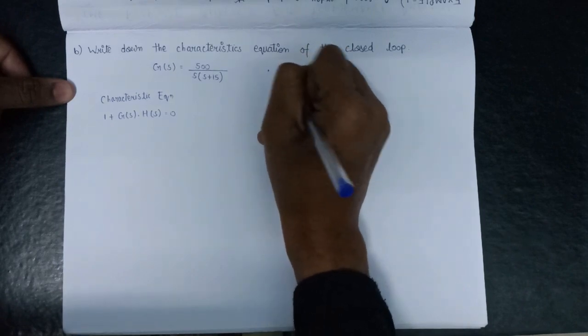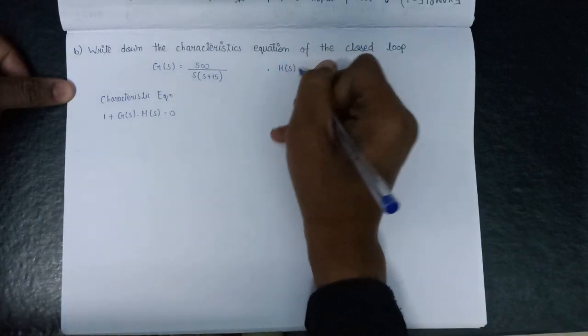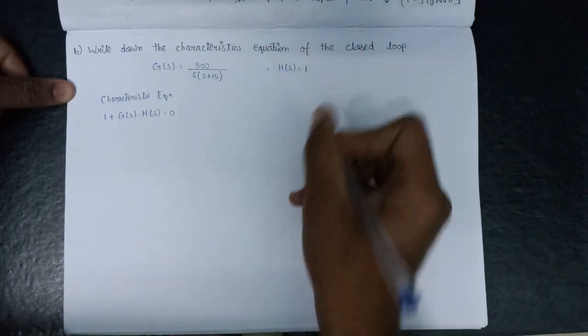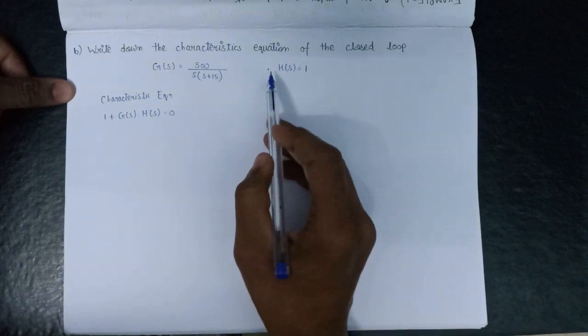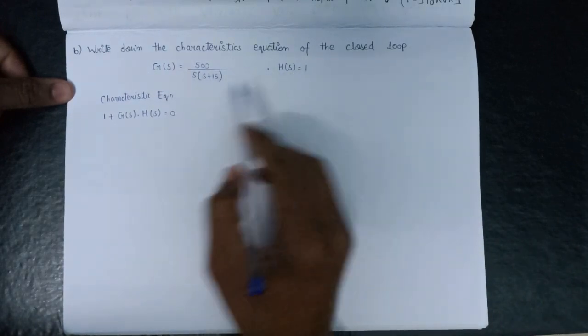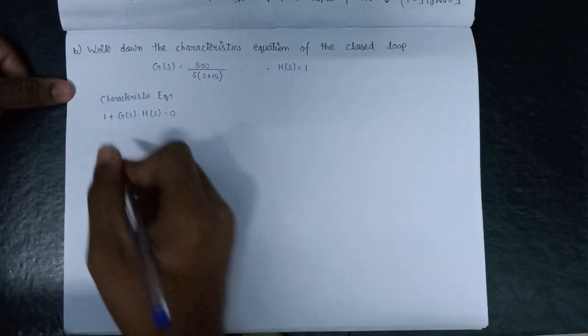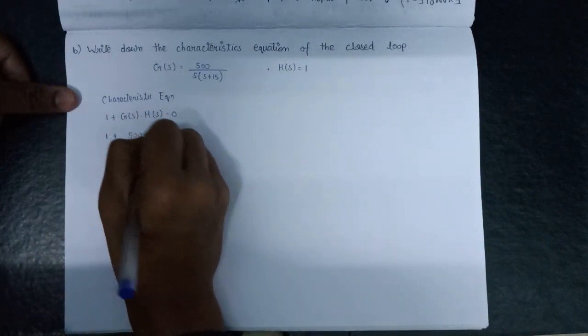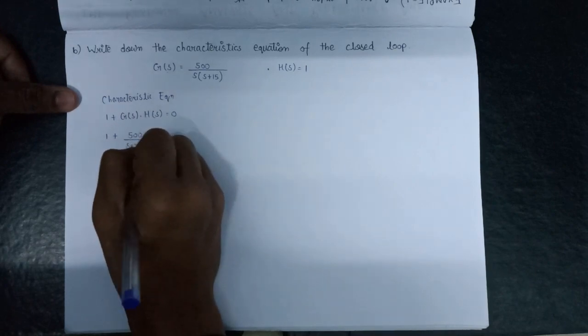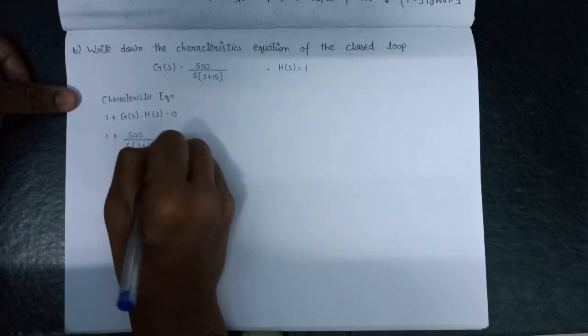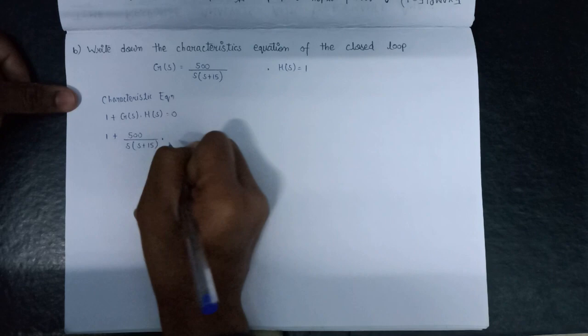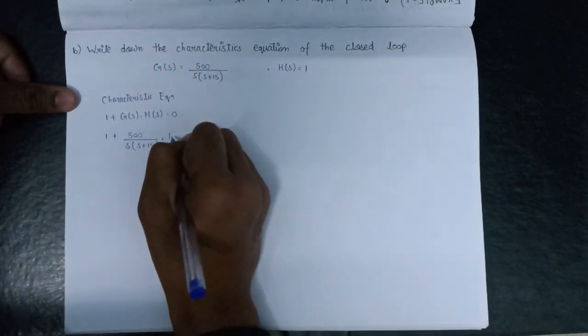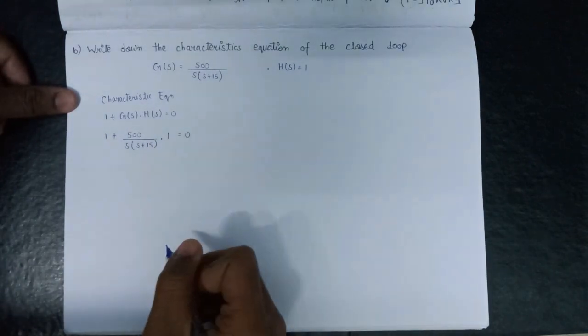Also it is a unity feedback control system, so H of s is equal to 1 only. Putting the values of G of s and H of s in this expression, we get 1 plus 500 over s into s plus 15, into H of s value 1, equals 0.